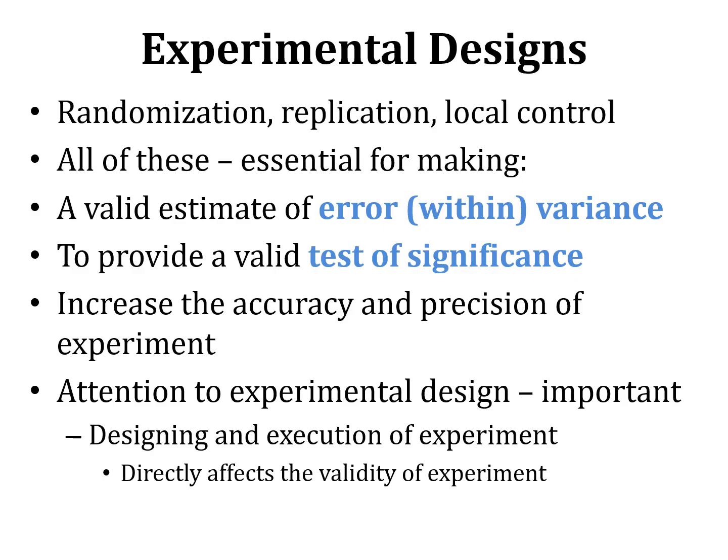You need to take notice of all of those factors, and then on the basis of all that information, you are going to design your experiment, and then perfectly execute it. This is important because it directly affects the validity of your experiment. So the principles of experimental designs need to be taken care of.